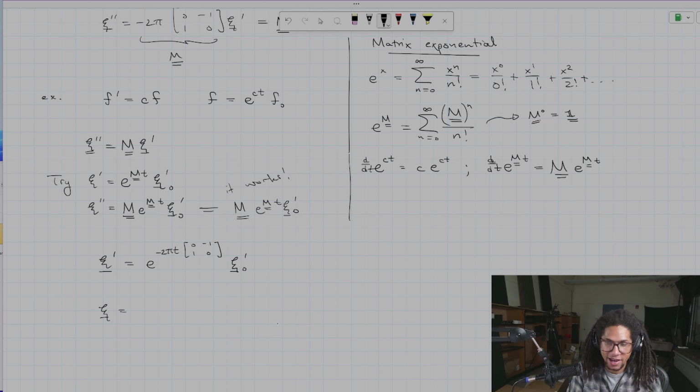What happens if I integrate this? So what happens if I take the integral of e to the mt dt? We would love it if, as it would work for a regular constant, we could just say that this is m inverse e to the mt. And in fact, as long as this inverse exists, this is true.